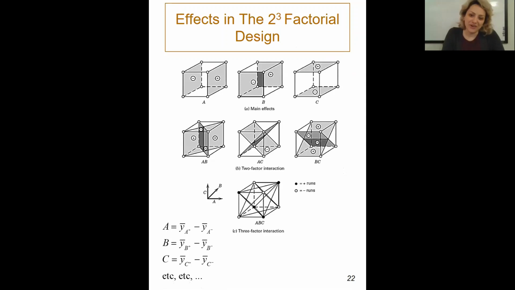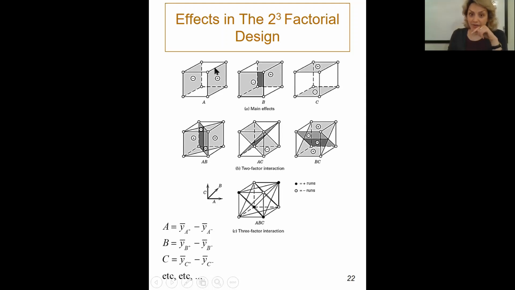Here is the meaty part of our lecture. We talked about how to read these geometric ones. Now we want to look at the main effects, 2-factor interactions, and 3-factor interactions. When we are talking about the main effect, for example, for A, positive of A and negative of A, or B, we said that this is the negative, this is the positive.